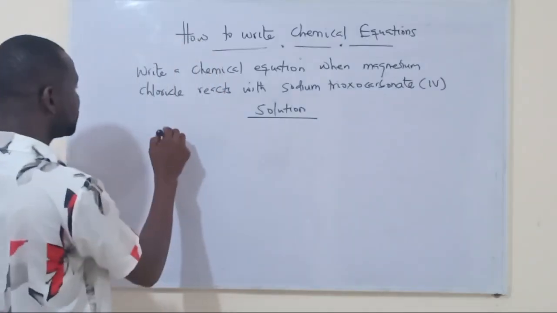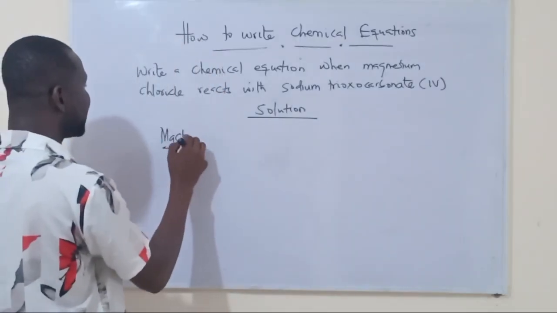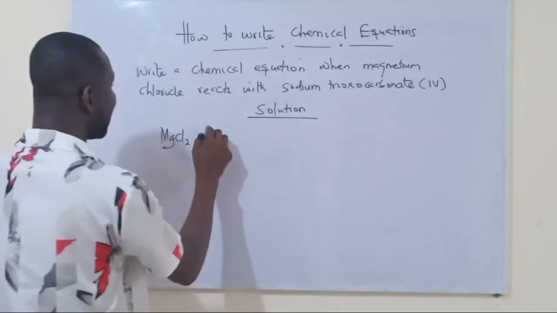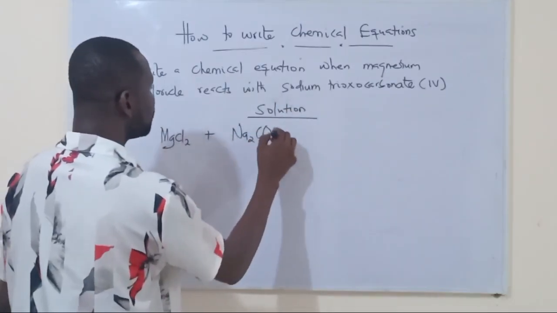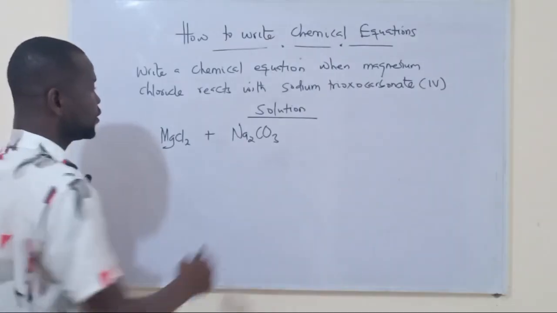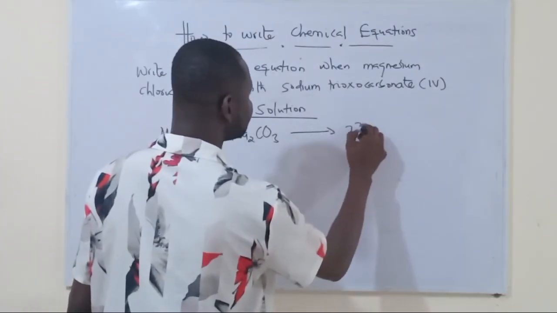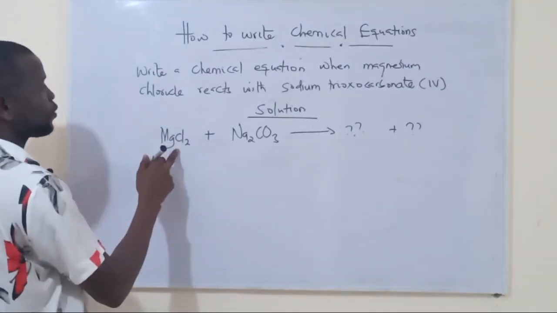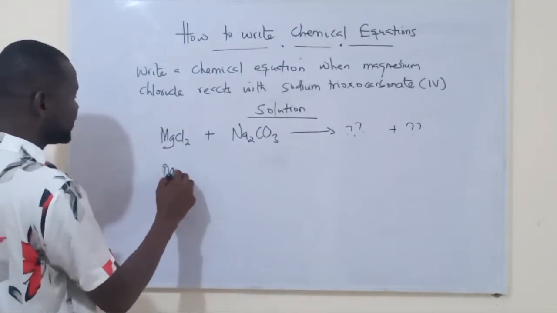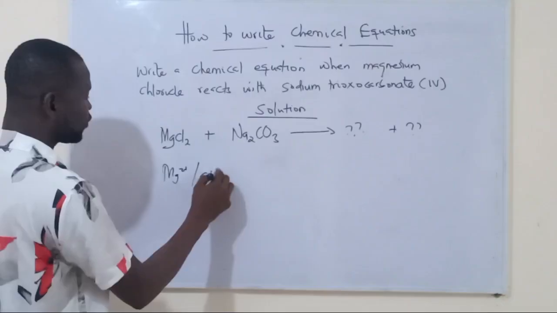So our magnesium chloride is magnesium reacting with chlorine, and the sodium trioxocarbonate is sodium with a carbonate. So what would we get for our product? So this was acquired. It means that this one magnesium reacted with the chloride ion.